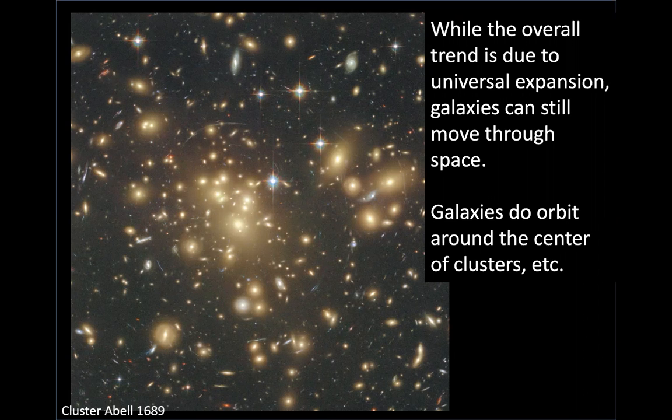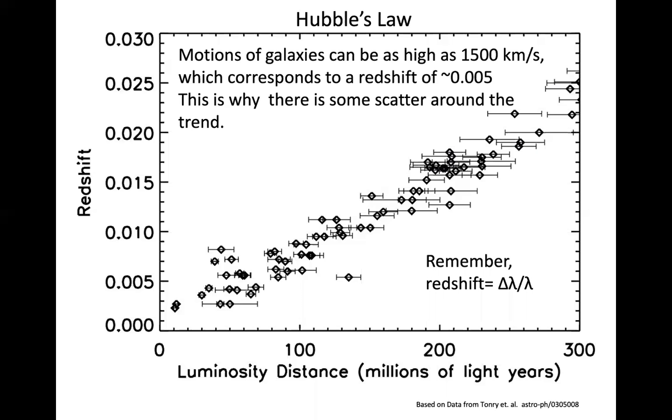These relative motions do produce shifts, but the shifts we're talking about correspond to speeds of about 1,500 kilometers per second, or redshifts of about 0.005. This is enough to cause some scatter in the trend. Like, this galaxy is probably moving away from us physically. This one's probably moving towards us.